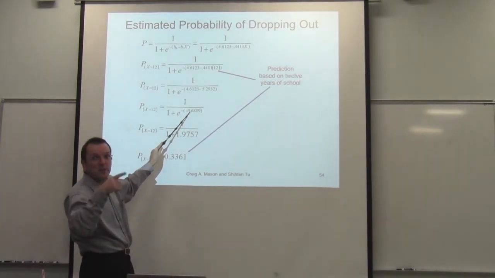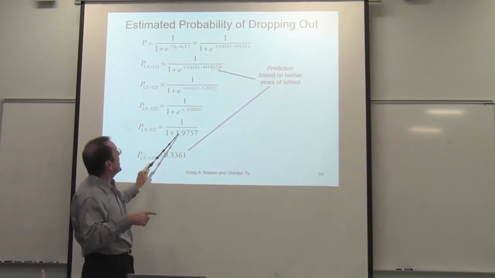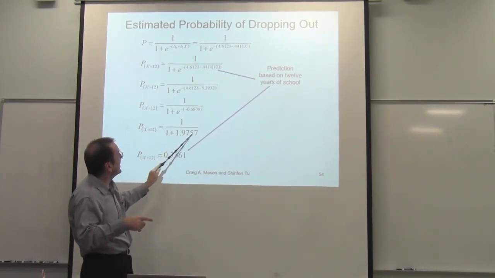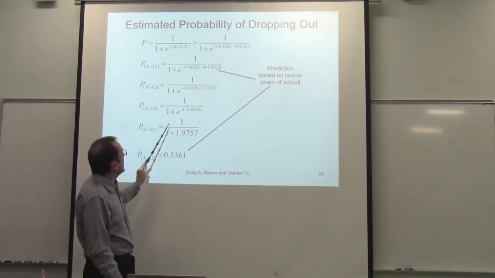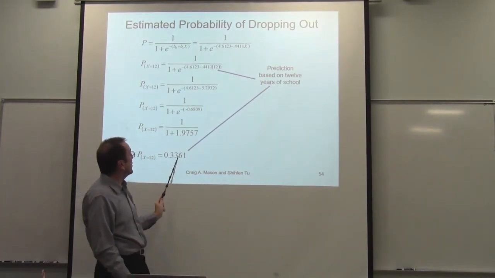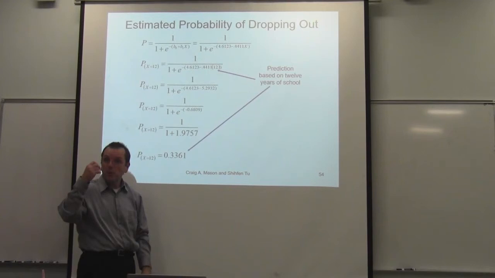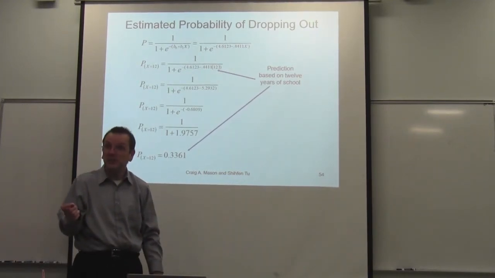Keep track of those double negatives, which is 1 over 1 plus 1.979, or 0.3361 is the probability with 12 years of schooling. It is a tough school, tough community.